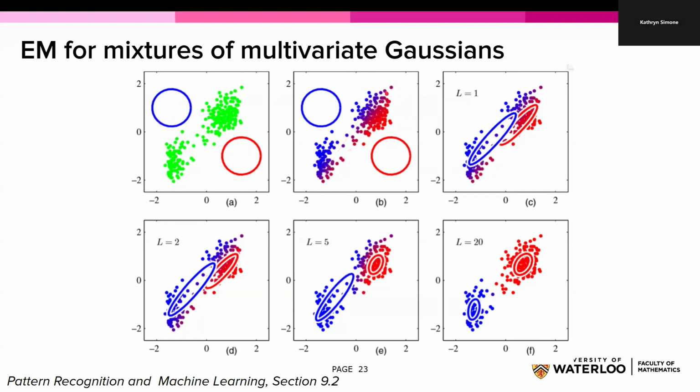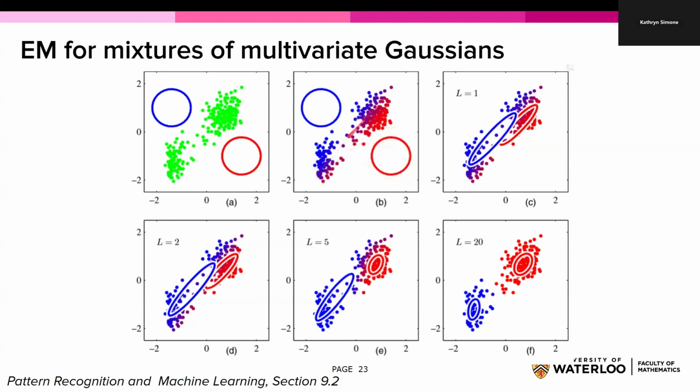And in this plot, the responsibilities are shown by coloring the points. So the more blue a point is, the more likely it belongs to the blue Gaussian, the more responsibility this mode takes for having generated that point. And on the other hand, the reddish points can be more strongly attributed to having come from this mode.